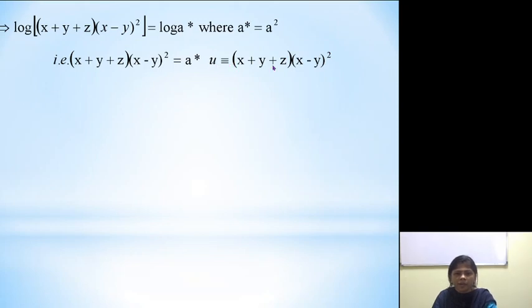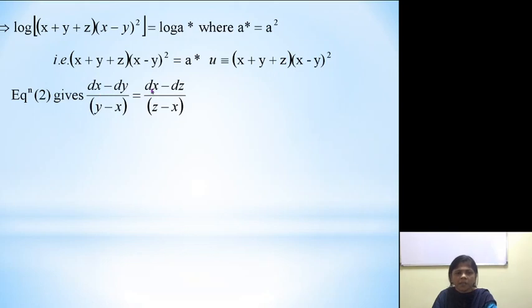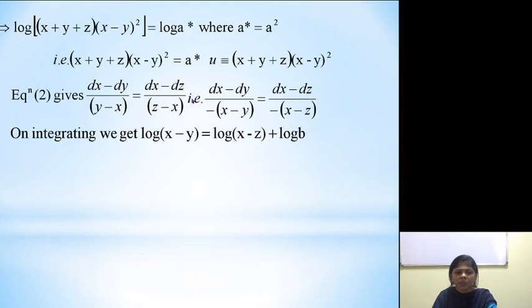first integral. Similarly, if I consider the second and third fractions, integrating and simplifying in the same manner, the derivative of this term is not in the numerator, so I have to take the minus sign common. Taking the minus sign common from both the terms, now the derivative of this term is in the numerator.